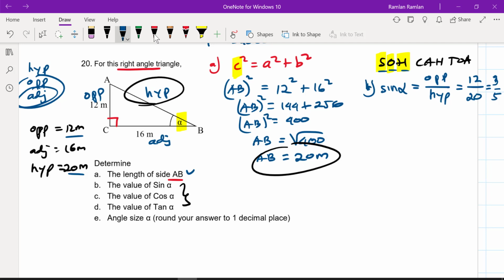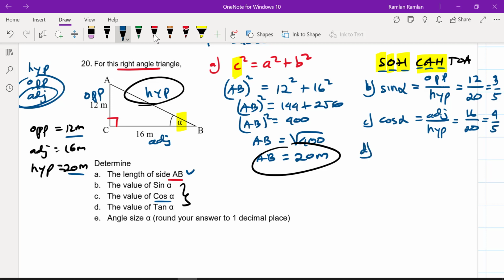Okay, so the next question is going to be the cosine of alpha. So we're going to use this one, right? So in here, the C stands for cos, A is for adjacent, and H is for the hypotenuse. Okay, and since again we can see from here that the adjacent is 16 and the hypotenuse is 20, and again simplify this fraction, there will be 4 over 5.